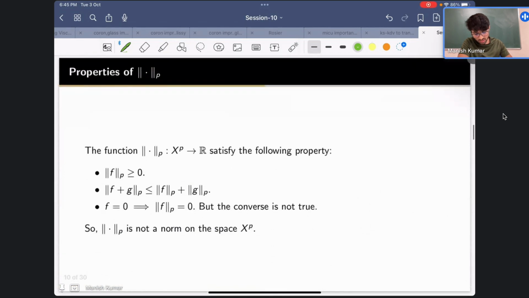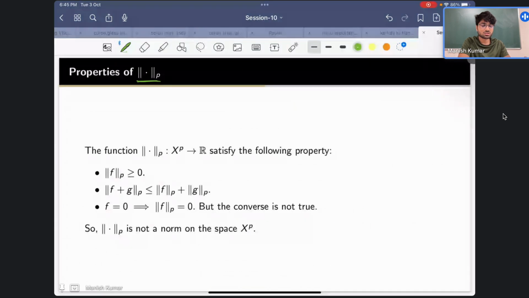Okay, now I was saying that, since I defined this quantity, whether it is a norm. So what are the properties of a norm? There are three properties, right? One is that it should be non-negative. The triangle inequality should be satisfied by this function.